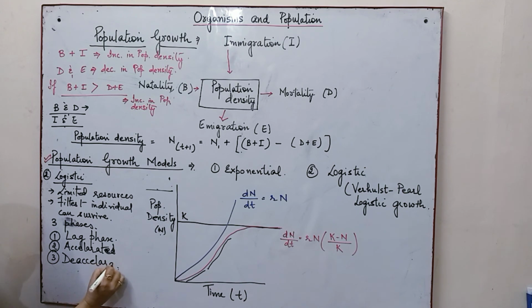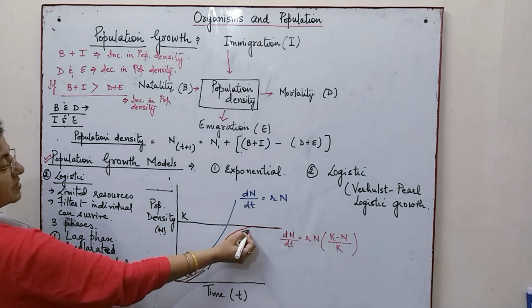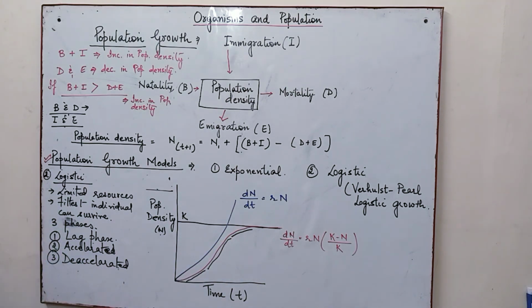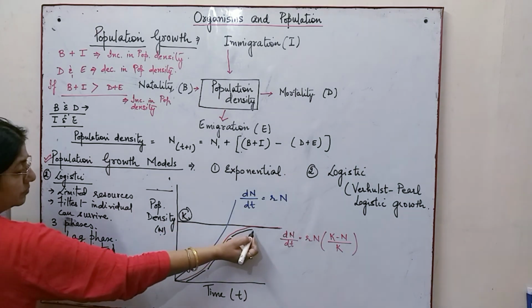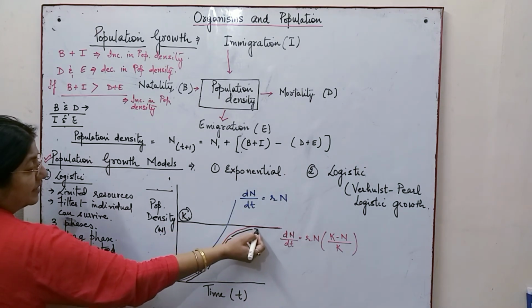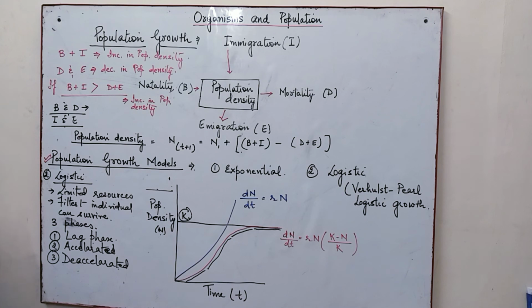And lastly we have the decelerated phase, where the species does not undergo any steep increase in the population density, and finally it reaches the carrying capacity. Carrying capacity is denoted as K. So finally this phase is the carrying capacity.